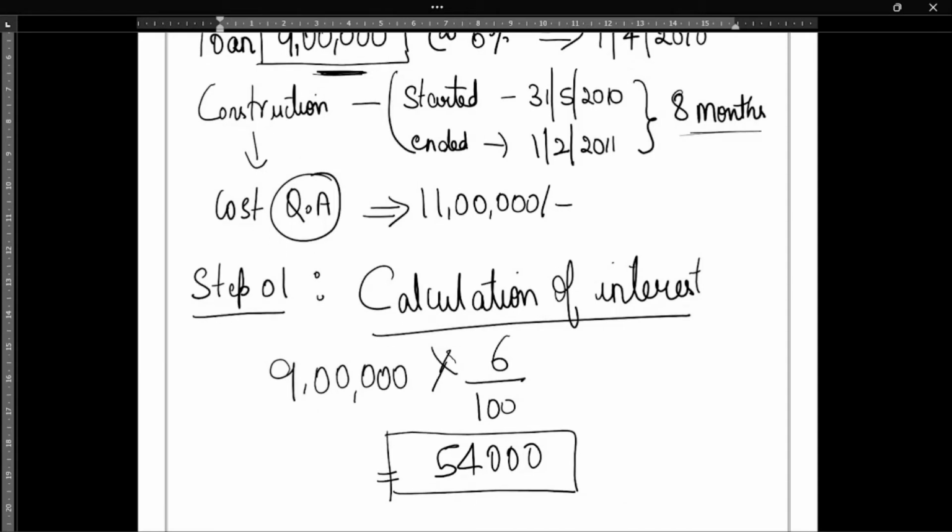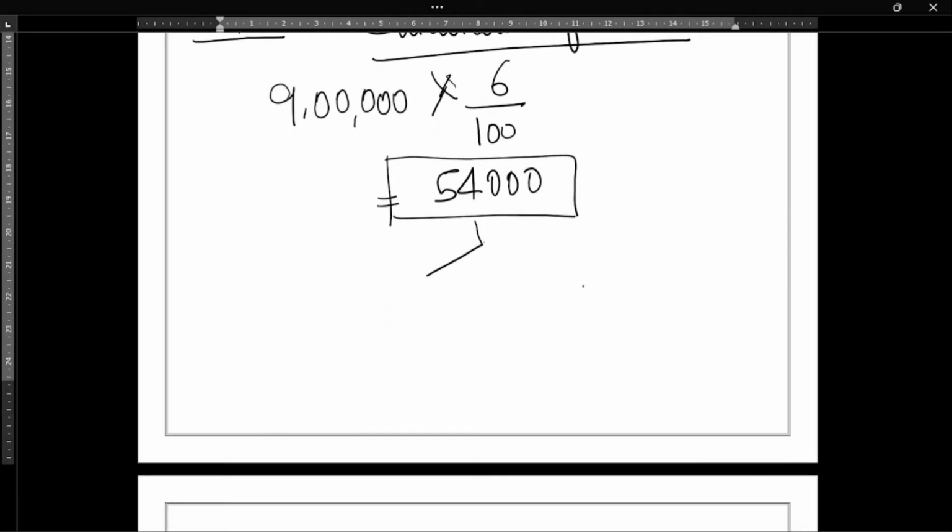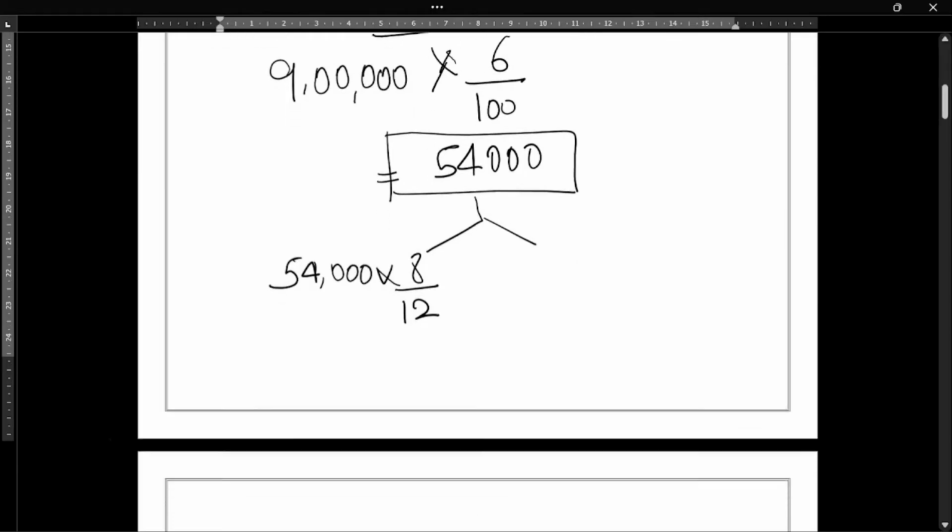They have taken 8 months of duration. So in this 54,000, only the 8 months interest will be capitalized, out of 12 months.